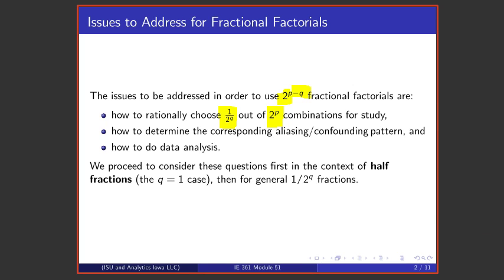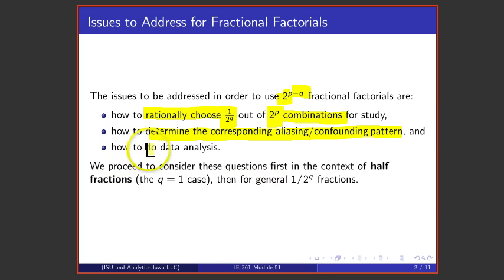The issues to be addressed are, first of all, how to rationally choose which combinations to get data for. The second is to determine the corresponding pattern of aliasing, confounding, confusion, loss of information that is associated with that fractional factorial.